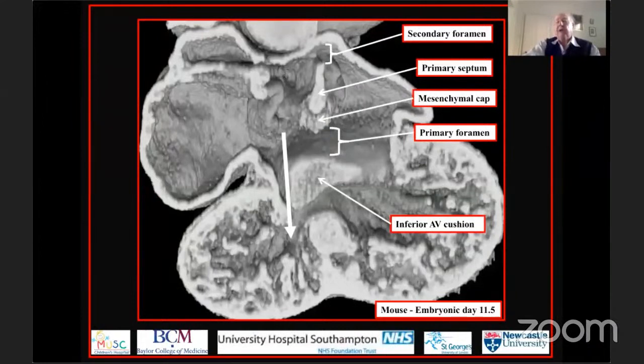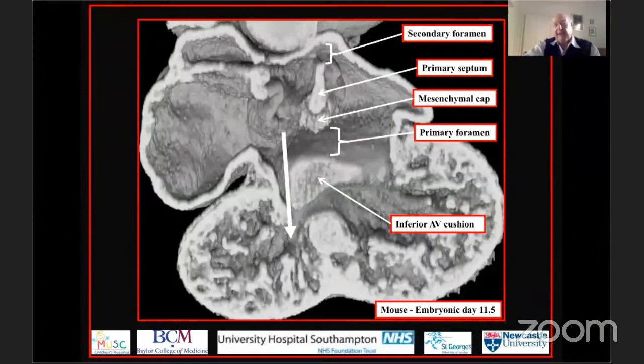But that primary interatrial foramen is going to close, and that is why the primary septum itself has to break away from the atrial roof, so as to retain a passageway such that the systemic venous return can reach the left side of the developing heart, and that passageway is the secondary foramen.